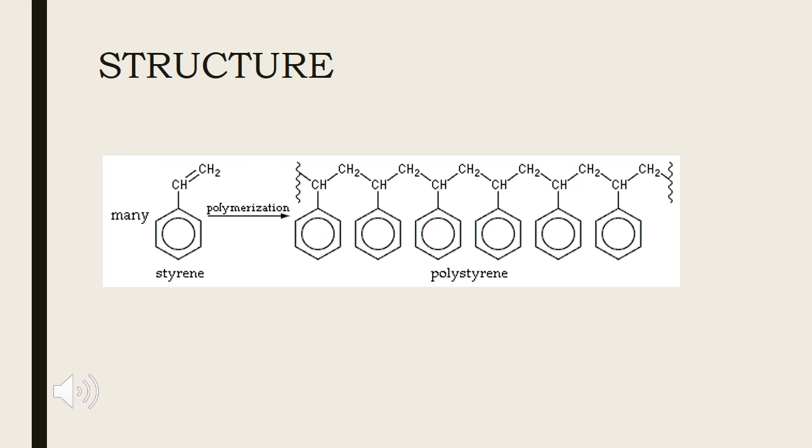If the backbone were to be laid as a flat elongated zigzag chain, each phenyl group would be tilted forward or backward compared to the plane of the chain. The relative stereochemical relationship of consecutive phenyl groups determines the tacticity, which has an effect on various physical properties of the material.